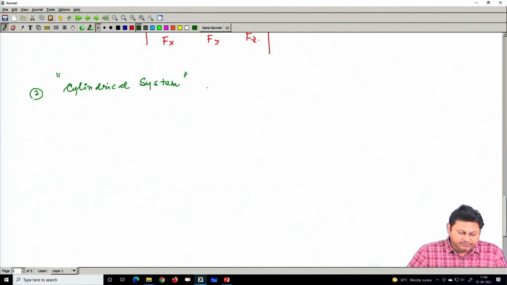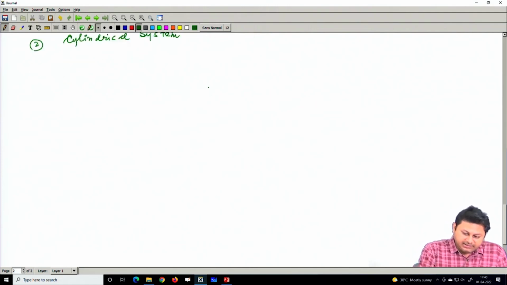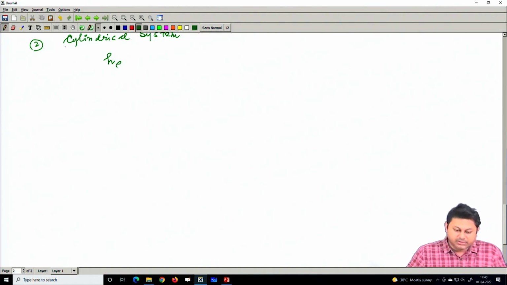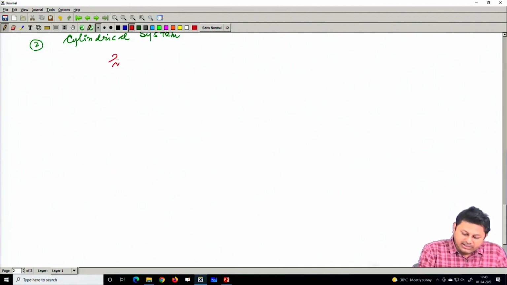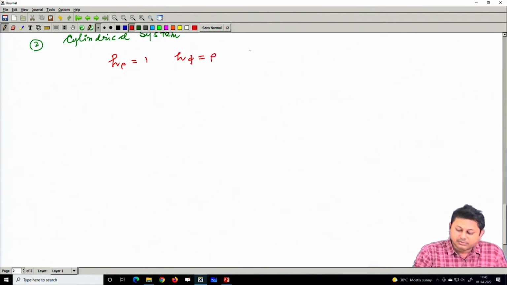In cylindrical system, what we have is h rho. Maybe I can use a different color to distinguish this. So, h rho is 1, h phi is rho, that is a difference here, and h z is 1.